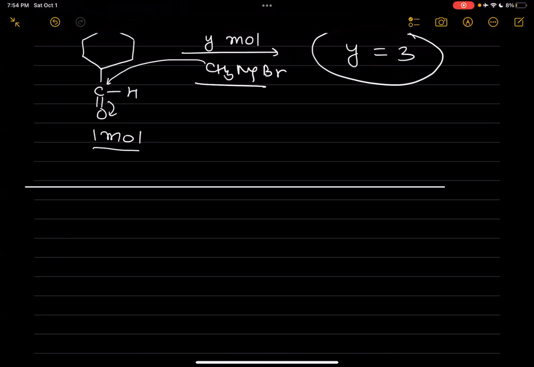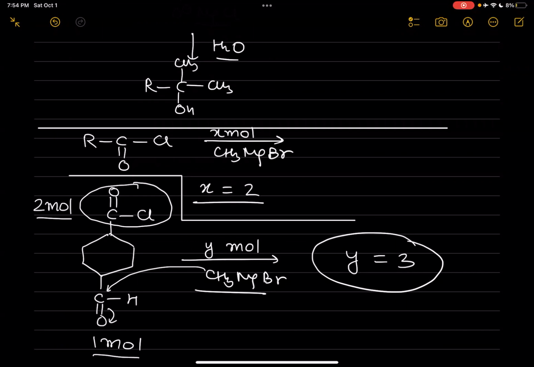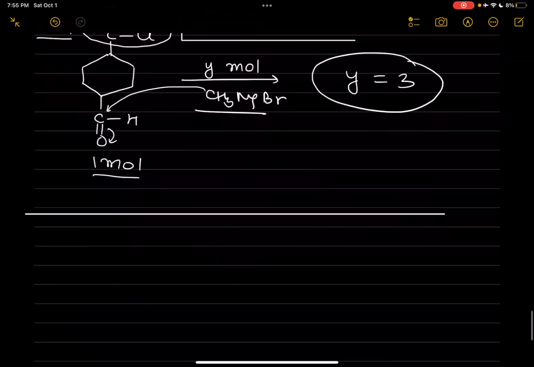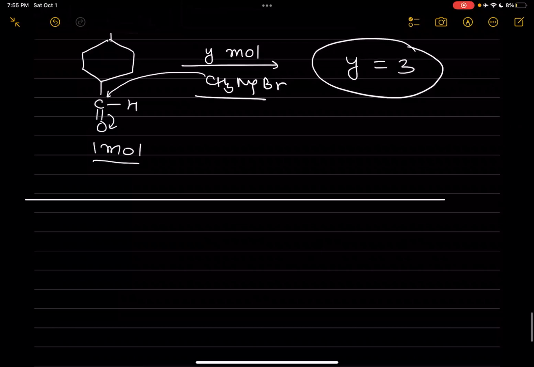In Grignard you have to worry that it should not add 2 times, only 1 time, 1 mole. But for this reagent you can be very relaxed, because it is not going to add 2 times, just 1 time. Even if you take 1 mole, 2 moles, or 10 moles, it will add only on RCOCl.